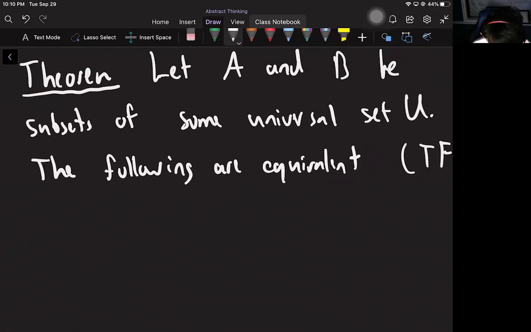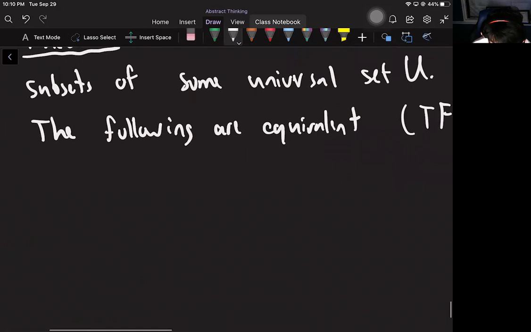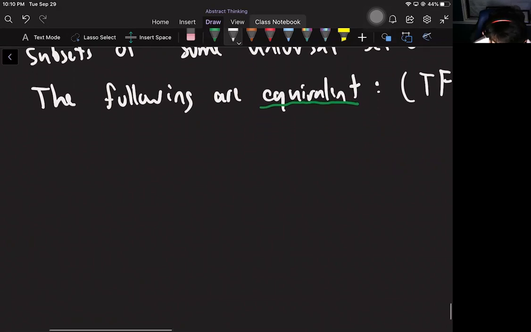They don't want to say it that way because it'll take too long. So when they say equivalent, they do mean logically equivalent, which means that all the next statements that I write down are going to all imply each other backwards and forwards because they are equivalent. And then what they do is they just list the statements that they want to say are equivalent.